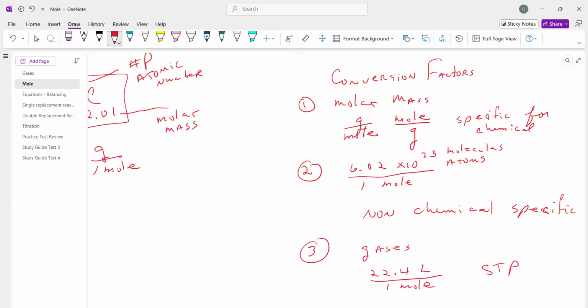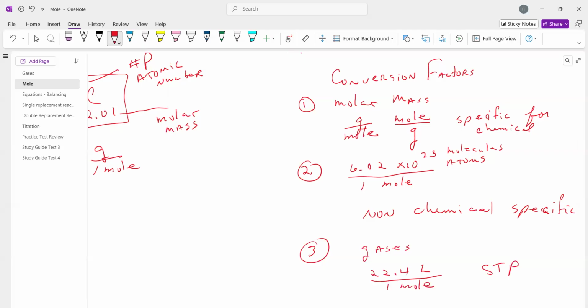If it's not at standard temperature and pressure, it's not 22.4. Now, when you get to unit 4, we're going to talk about gases much more specifically. But for right now, anytime we talk about gases, it will always be at standard temperature and pressure. Okay, so those are the conversion factors.